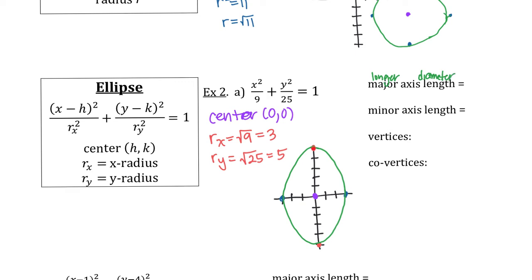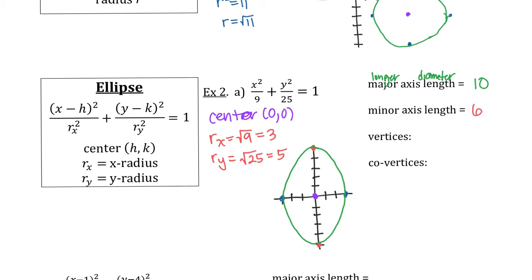In this case, this is taller than it is wide, so in the tall direction the diameter would be 5 plus 5, so the major axis length is 10, because it's the entire distance across. The minor axis length will be the diameter in the short direction, which in this case is the x direction. Since the x radius was 3, 3 plus 3 gives me a minor axis length of 6.